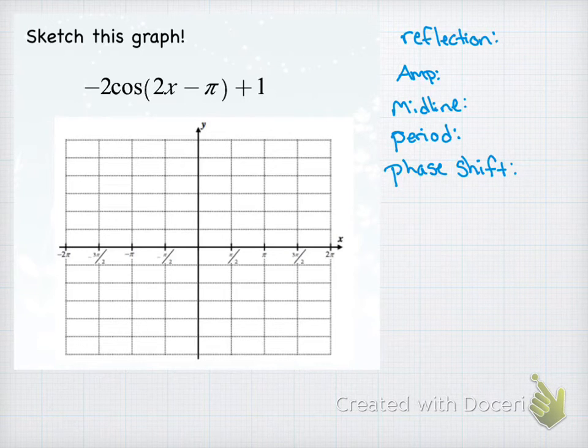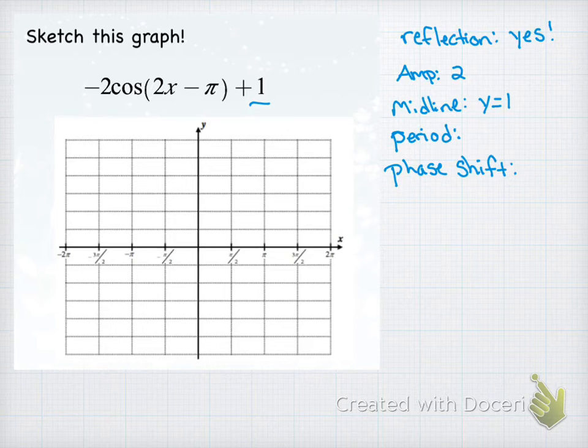Is there a reflection? Yes, there's a negative sign at the front. So I know that this is going to start below the midline instead of above the midline. The amplitude is 2. The midline is y equals 1, which I'm getting from here. The period is determined by the frequency.